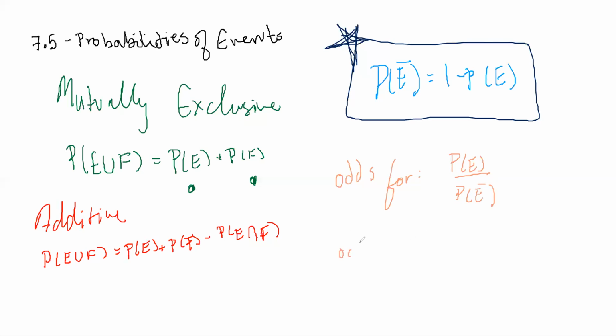And then odds against is the probability of E not over the probability of E. And basically, you need to associate odds for with probability of E to probability of E not, and odds against with E not to E, because if you don't go through and make that association before you take the exam, it's going to be really easy to get these mixed up.